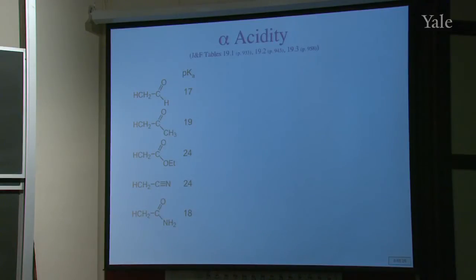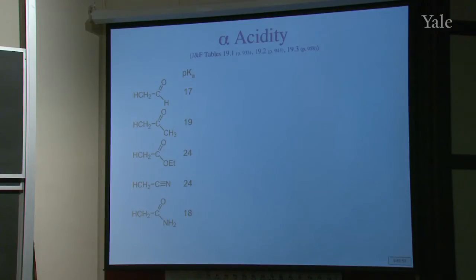The unshared pair would be less shared because it has a greater effective nuclear charge. Aha! You got everything right except the periodic table, right? Nitrogen comes before oxygen. So nitrogen has less nuclear charge than oxygen. So its unshared pair is higher in energy.